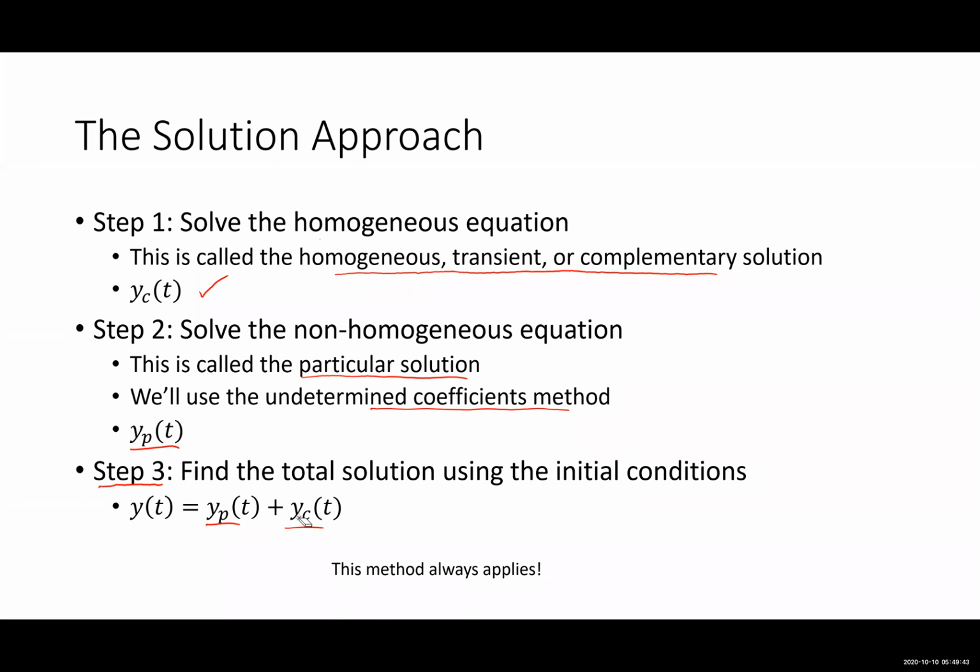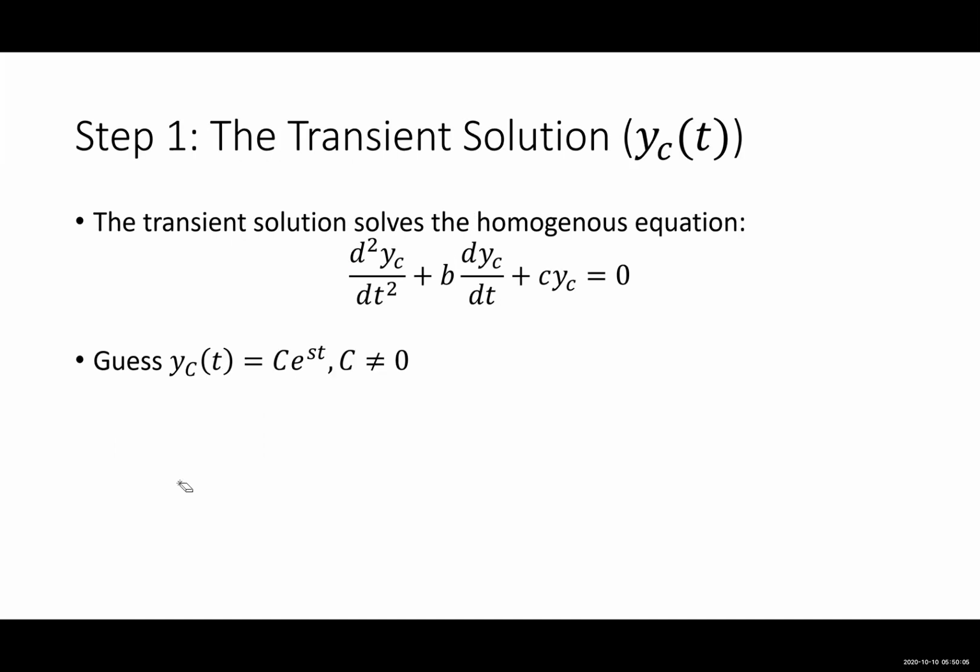We're going to go through that process a little bit today, but one important thing to remember is that my transient response always contains as many exponentials as the order of the equation. So we're always going to have 2 exponentials in this case. Let's go through the transient solution.